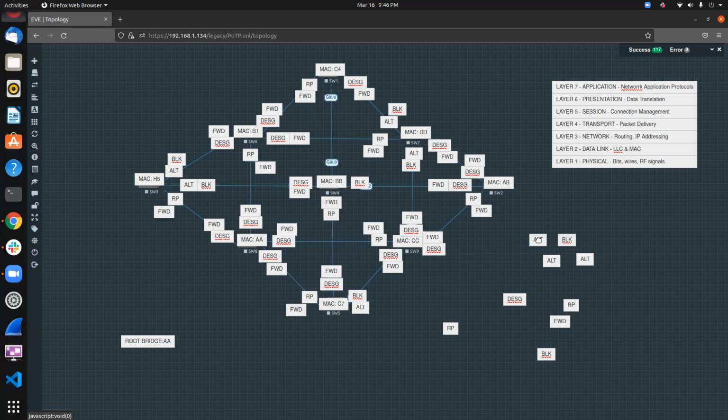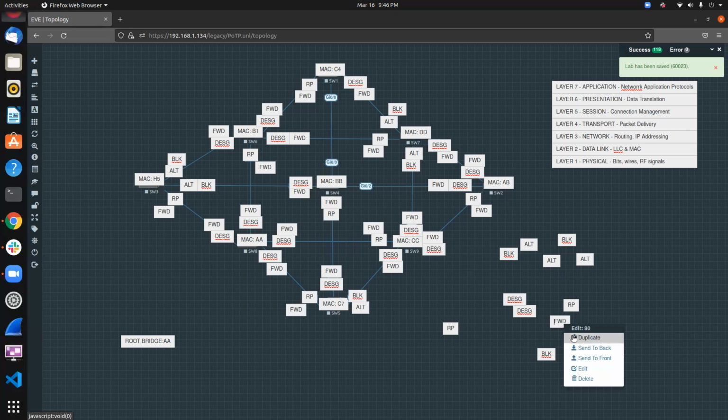Because, no, I don't want alternate. I want forwarding. I don't want to block that. I want to forward designate. Give me designated forwarding on that one, or designated forward. Don't block it.